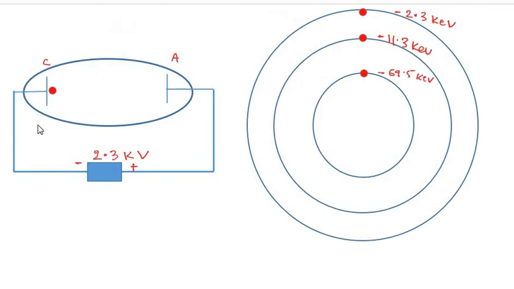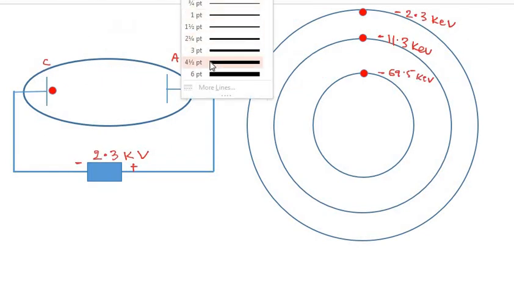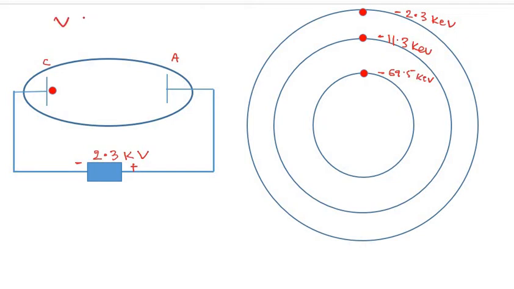Now if I keep the voltage just less than 11.3 kV, what is going to happen? Suppose I am keeping the voltage this time as 10 kilovolts. So this electron, when it reaches over here, will have kinetic energy 10 keV.